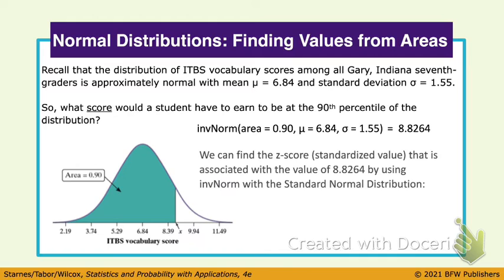There it is, 1.28. So now I know that this value that cuts off the lower 90% is 1.28 standard units above the mean. Okay? Any questions about this? All right, let's do another example.